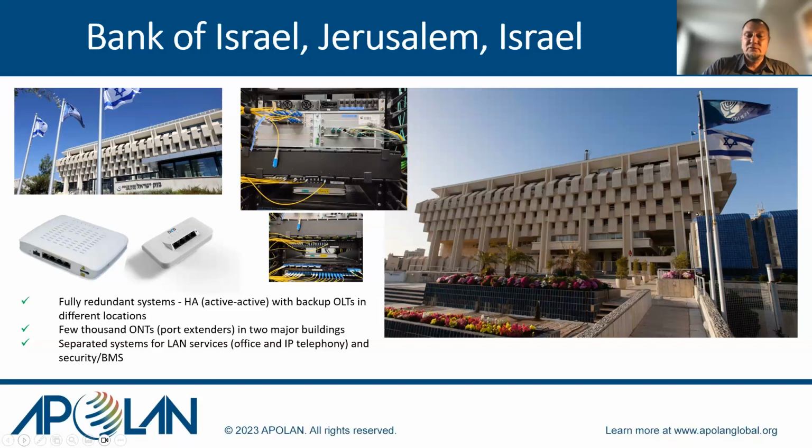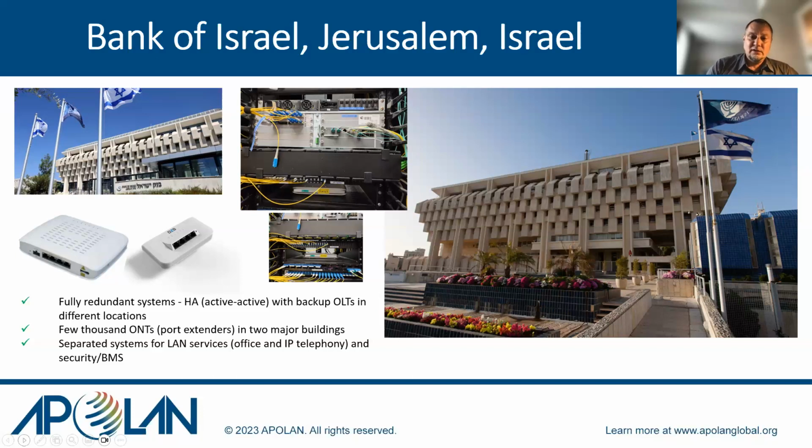The evolution was quite interesting. We started in the bank with a building management system. It was well accepted, so then we extended to another network, the IP telephony network inside the first building of the Bank of Israel. That was also working fine for them, and then it was massively adopted for practically all of the LAN services there.